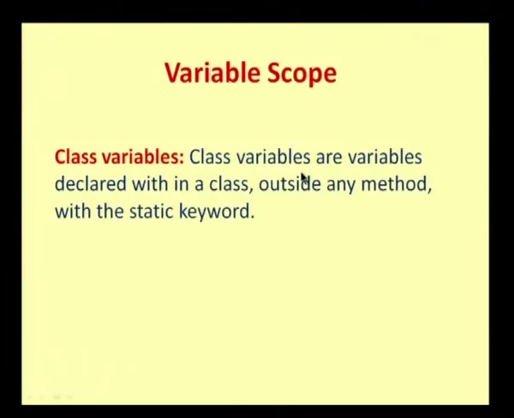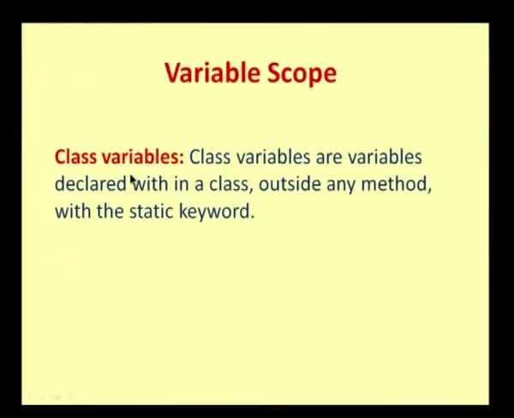Now, we will look into class variables. Class variables are variables declared within a class, outside any method, with the static keyword. Whenever I say class variables, there will be only one copy of the variable for the entire class.